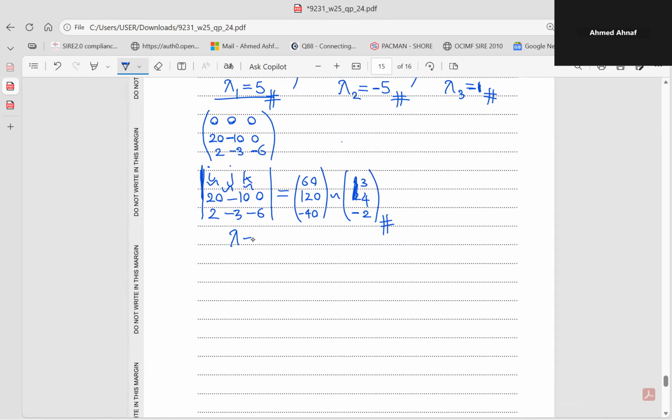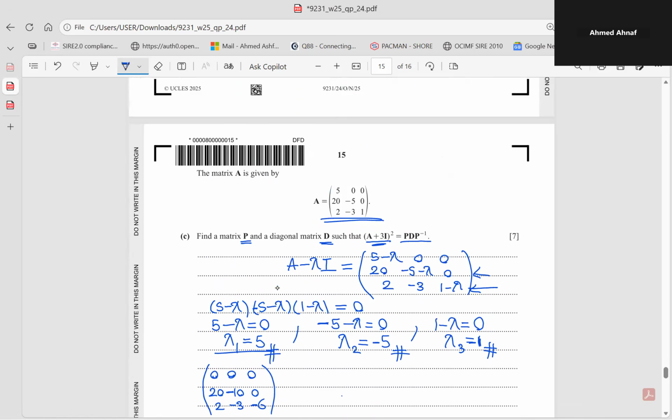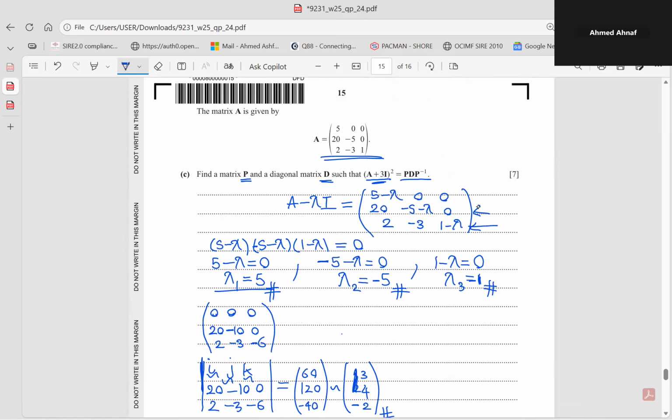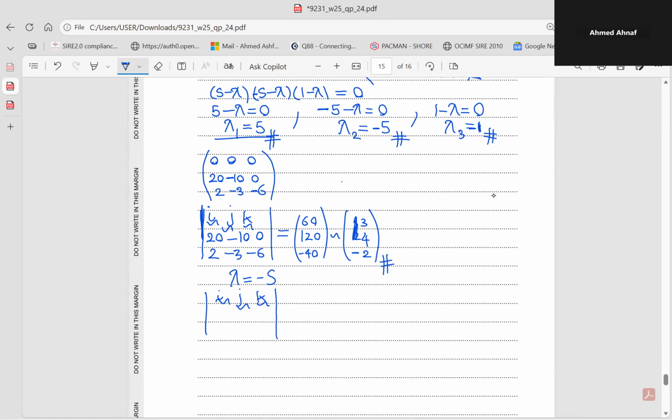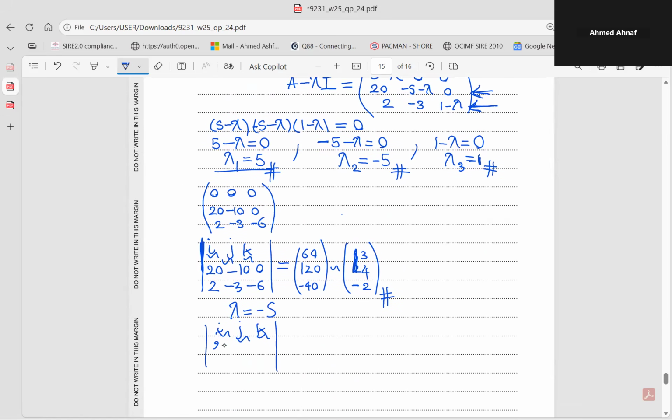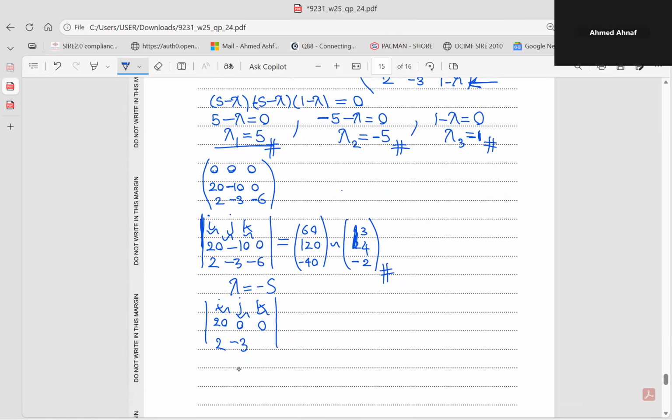Now we do lambda equals minus 5. Okay. So we are going to choose this row, 20, 0, 0, and this row again, 2, minus 3, 4. Okay, I'm just going to use my calculator.